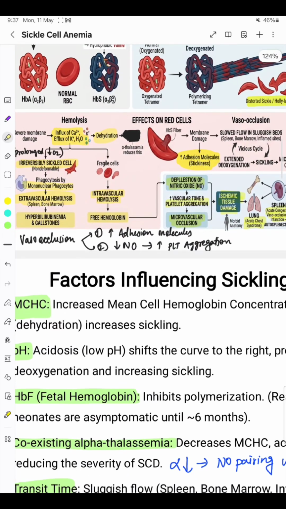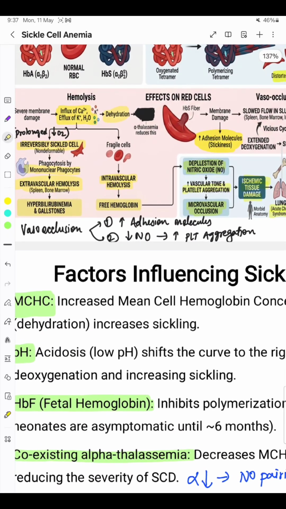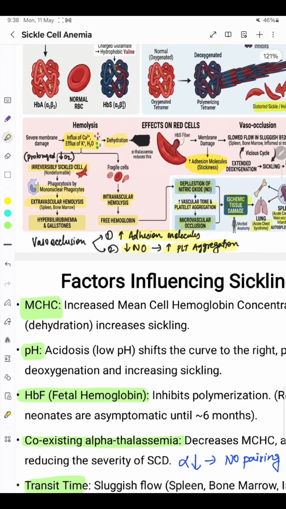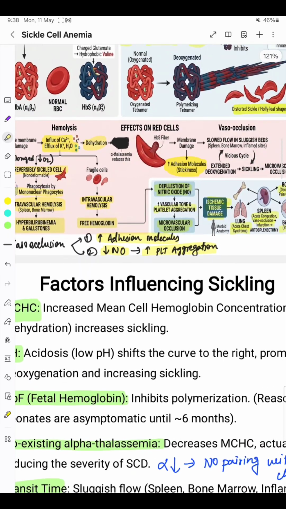So, the mechanism behind vaso-occlusion in sickle cell anemia or sickle cell disease: sickle cells express increased adhesion molecules, and they decrease the nitric oxide due to free hemoglobin, which causes increased platelet aggregation. Both of these mechanisms play an important role in the development of vaso-occlusive crisis.